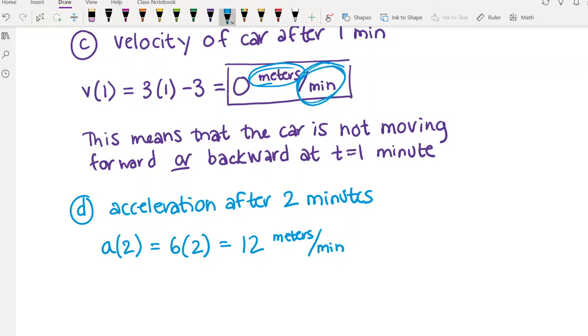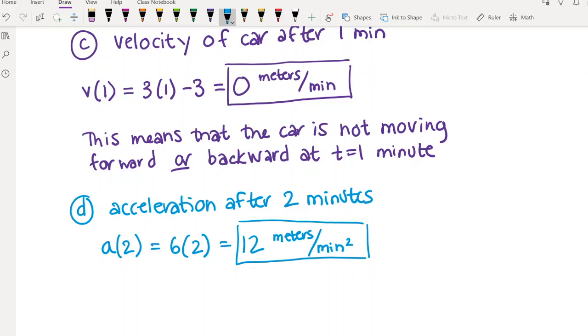Miles per hour: how far a car has traveled as time goes on. And so if you're talking about acceleration, now you're talking about how quickly the velocity has changed as time has gone on. So you're doing meters per minute per minute. But there's a nicer way of writing that, which is that we just write it as meters per minute squared. So we're just putting the square there to represent the fact that we've divided by minutes twice.